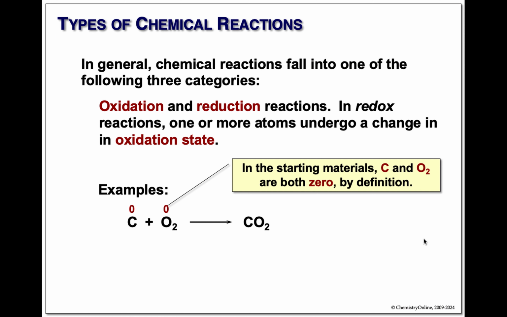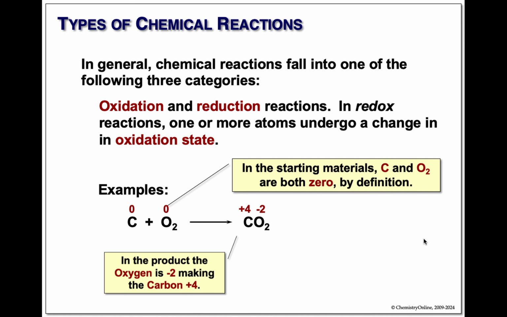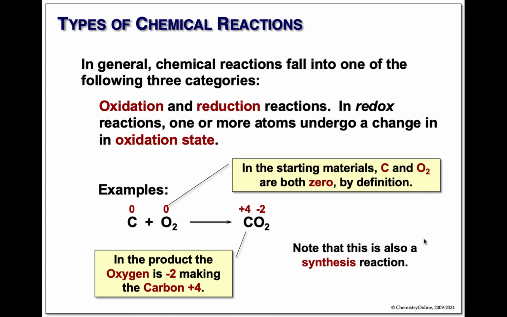We also said that oxygen was going to almost always be -2. Now, in order to make this a neutral compound, since we have 2 of them, that means that the carbon must be +4. This is a redox reaction because the oxidation number of carbon has changed from 0 to +4, oxygen 0 to -2. It's also a synthesis reaction, so there's a lot of overlap.